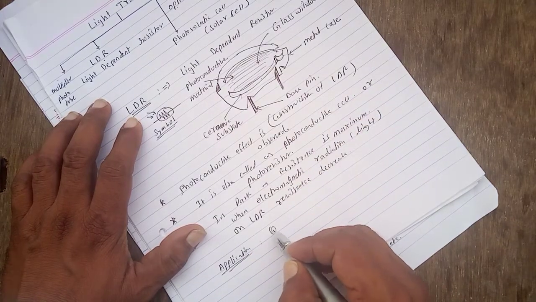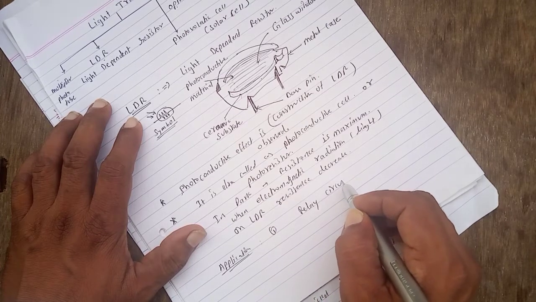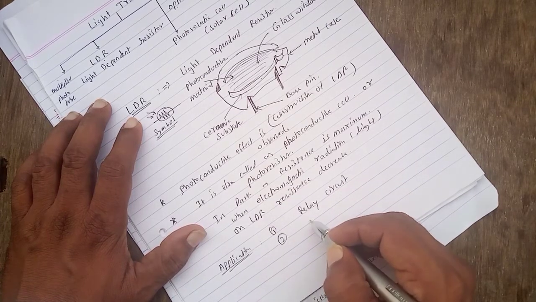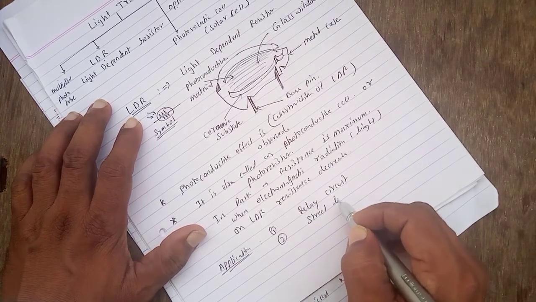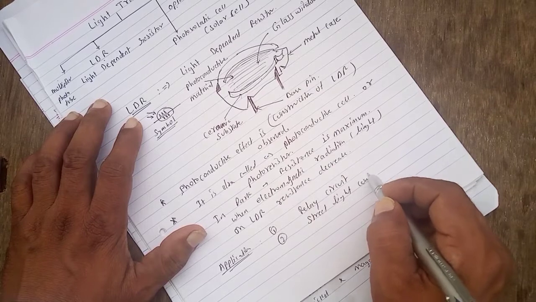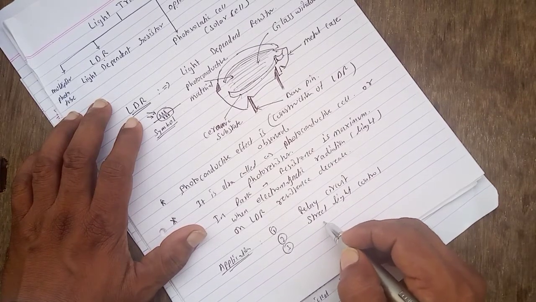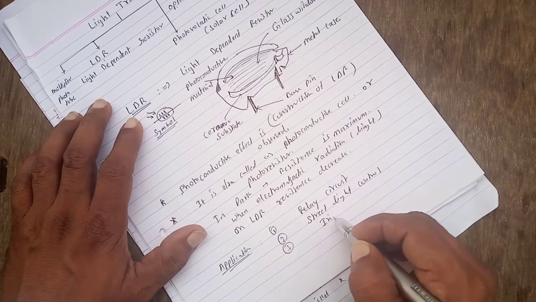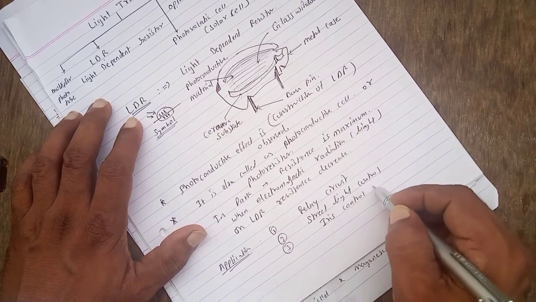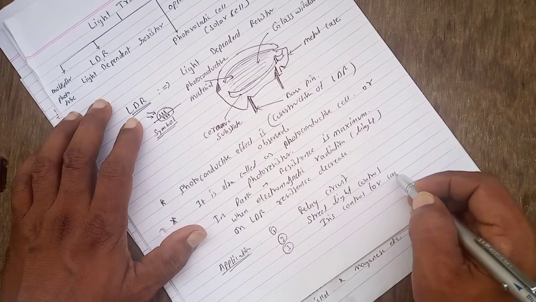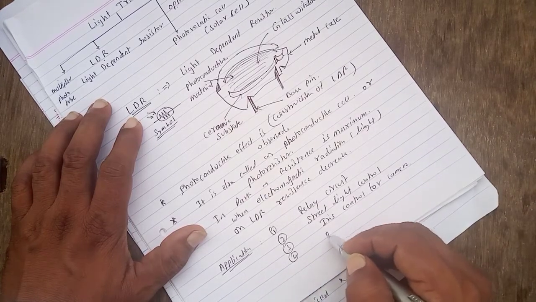The very first application is in a relay circuit, second a street light control, third automatic iris control for a camera, and fourth an object counter.